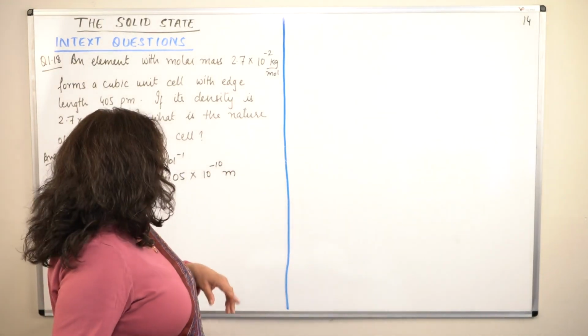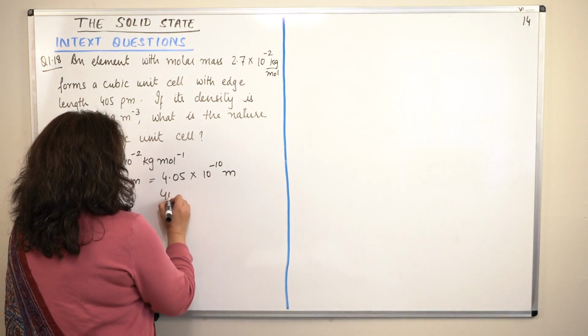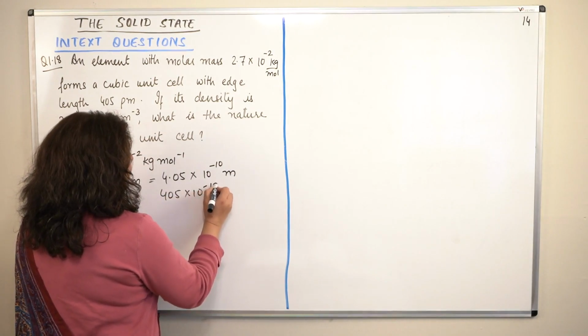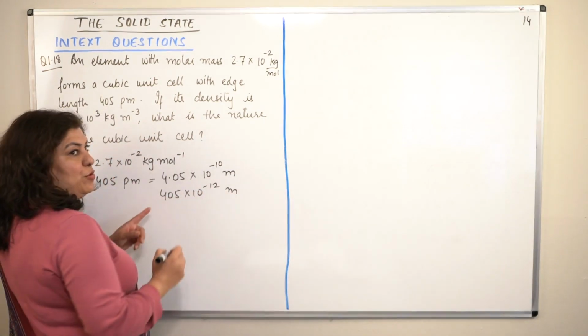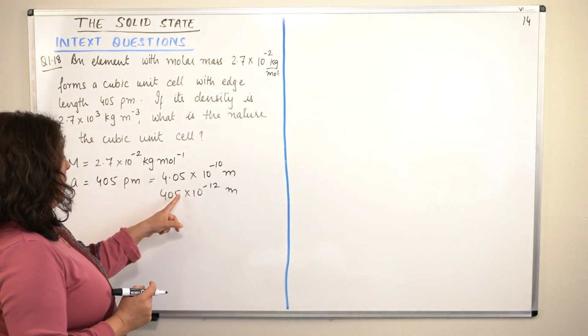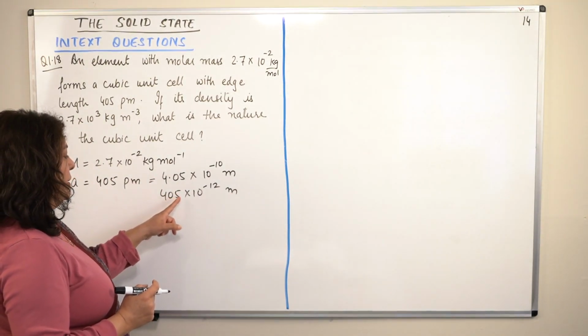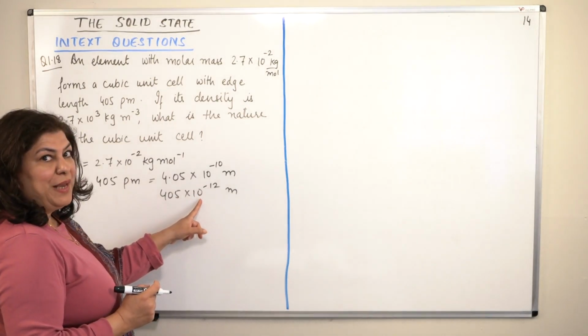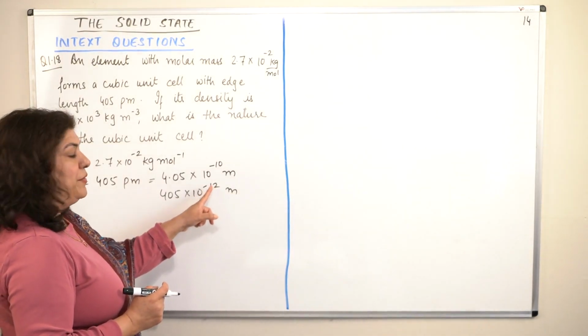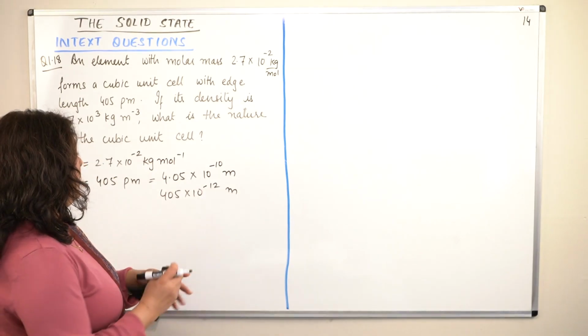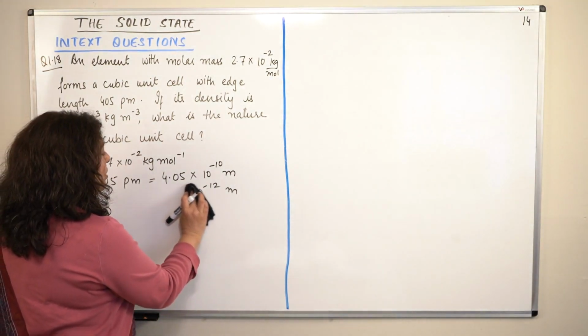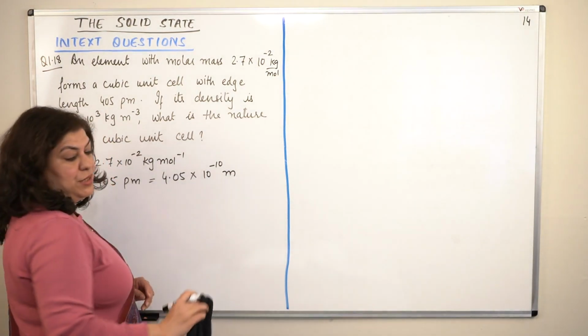Do you get me how I did this? It was 405 into 10 to the power minus 12 meters. When I convert it into scientific notation, I put the decimal here, so I have to multiply it by 100. So I remove 2 zeros from here. So I get 4.05 into 10 to the power minus 10 meters as my edge length.